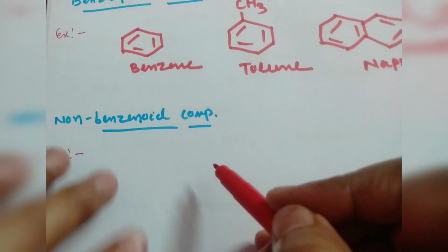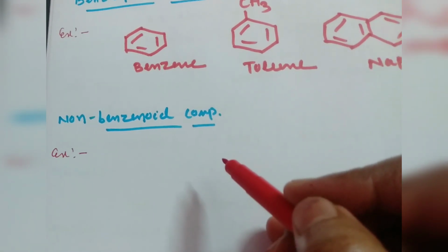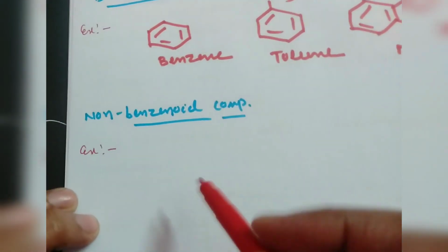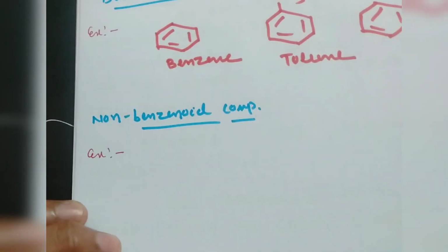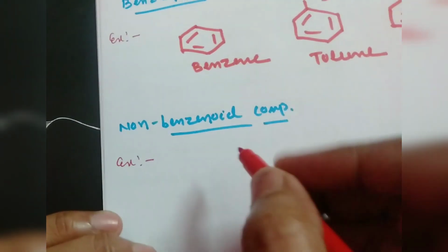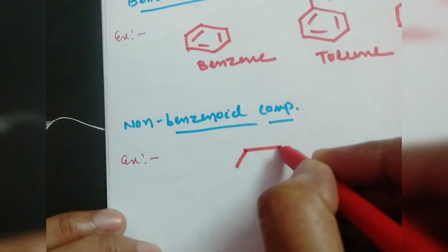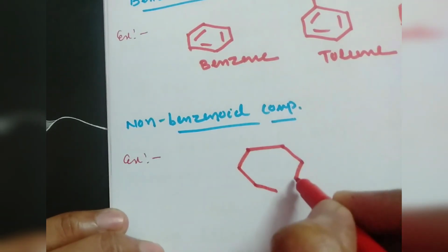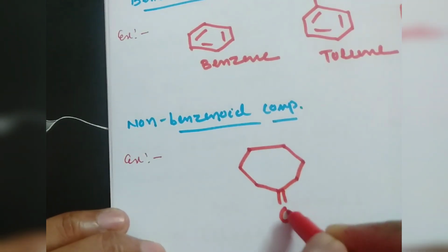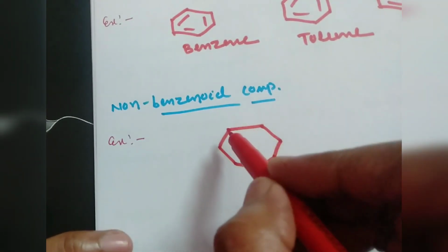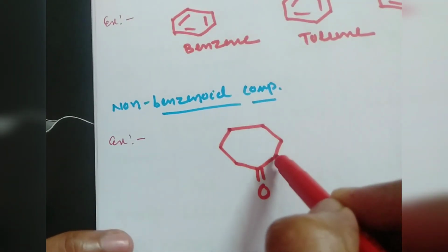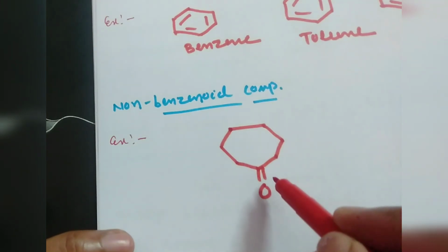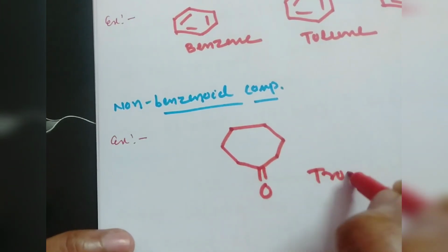For example, in non-benzenoid compounds, you can take an example. So how many carbon atoms are there? 1, 2, 3, 4, 5, 6, 7 carbon atoms with a double bond O. And the name of the compound is tropolone.